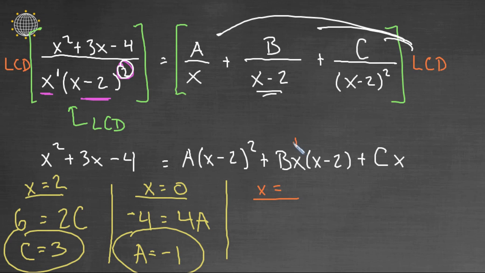The only x's that would make a or c go away would be either 2, which would make a go away, or 0, which would make c go away. But the problem is 0 makes b go away, and 2 makes b go away.